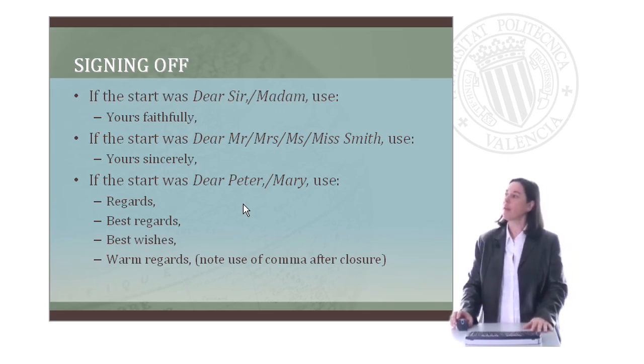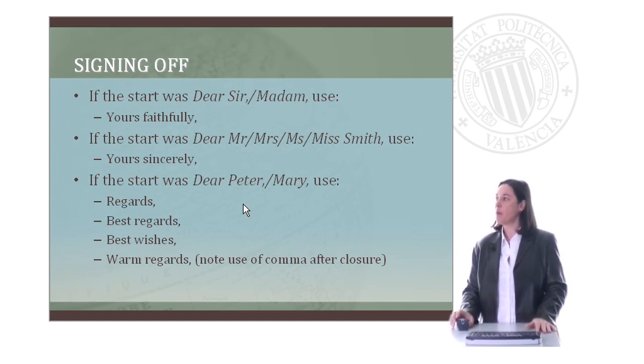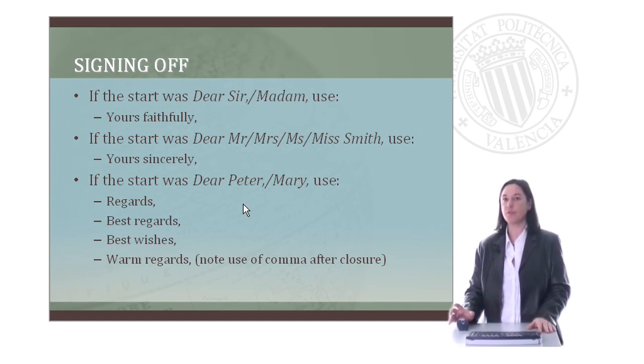If, however, we have a more informal relationship and we are in some ways acquainted with the person that we are addressing our letter to, even though it's a formal situation, and we start our letter with a first name, "Dear Peter," "Dear Mary," then we can use more informal formulas to sign off, such as "regards, comma, best regards, best wishes," or "warm regards."